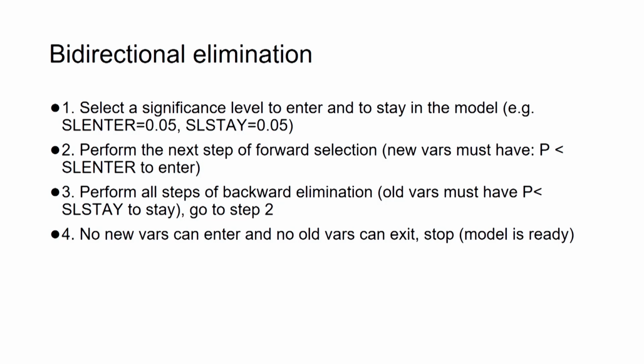So, we perform all the steps of backward elimination in step number 3, and then again go to step 2, try to add a new predictor, and after adding it perform the backward elimination steps, and we will do this several times. We stop when no new variable can enter and no old variable can exit. In the second step we are not able to add any variable, and in the third step we are not able to remove any variable. Then this process will stop and your model will be ready.